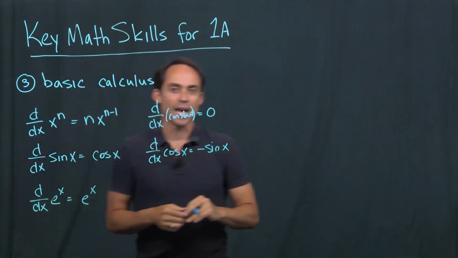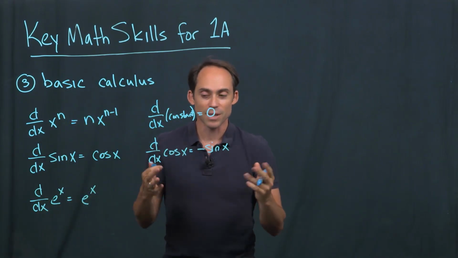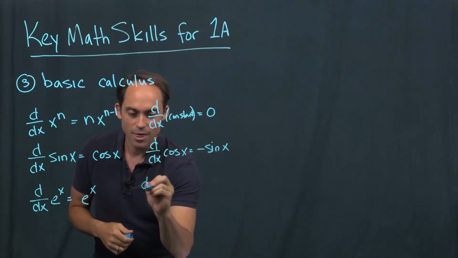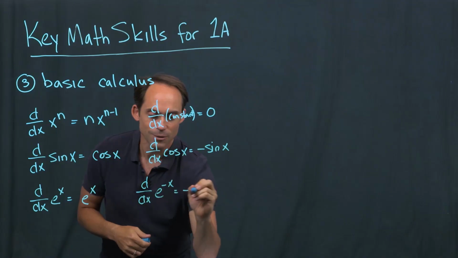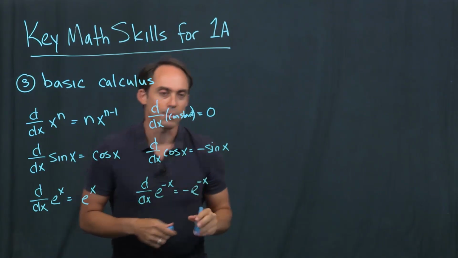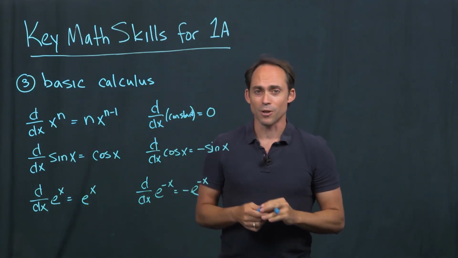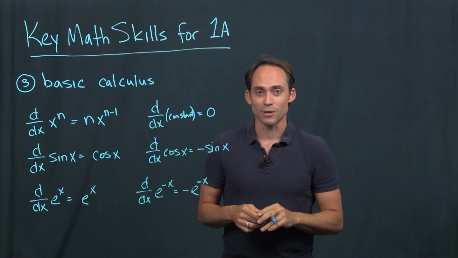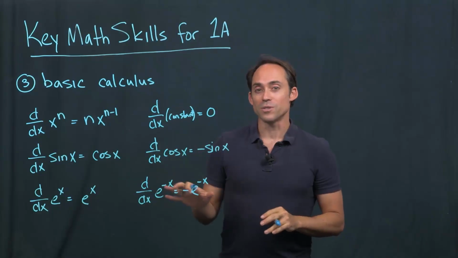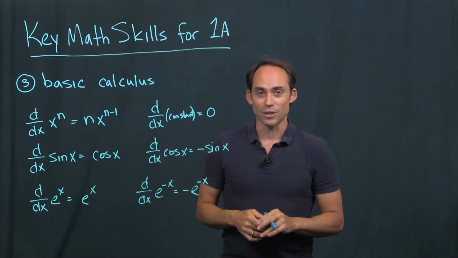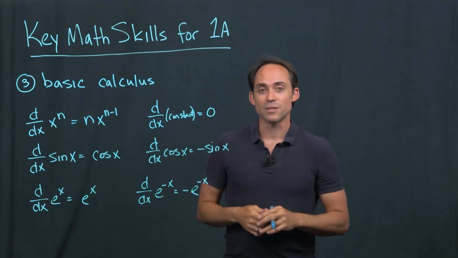The derivative of e to the x with respect to x is just e to the x itself. And the derivative of e to the minus x is equal to minus e to the minus x. So the exponential function is great because it actually derives back onto itself.